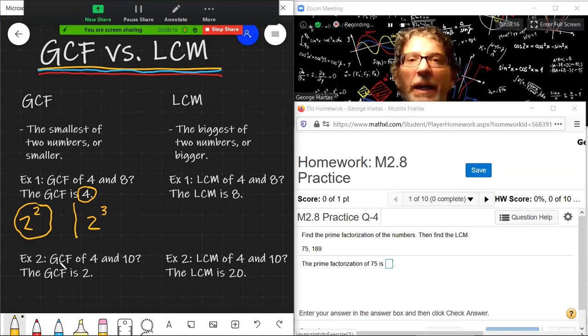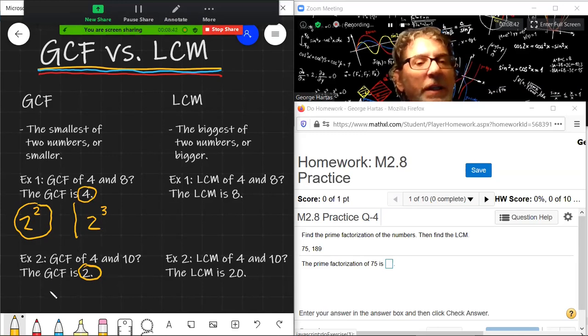So the GCF of 4 and 10, well, what is that? It's not 4, because 4 does not divide into 10. It's got to be 2, because 2 is the only number besides 1 that divides into 4 and 10. So in this case, the GCF is 2.